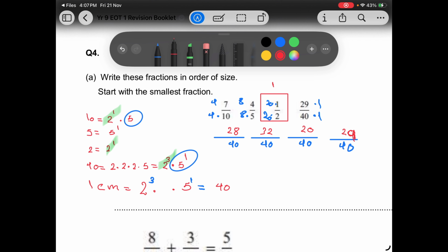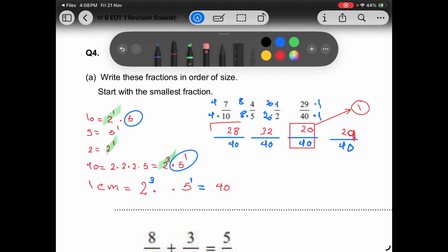So this is number 1. And then after 20 there is, sorry, not this. So this is number 1, which is the smallest, and number 2 will be 20, then 28, then 29.